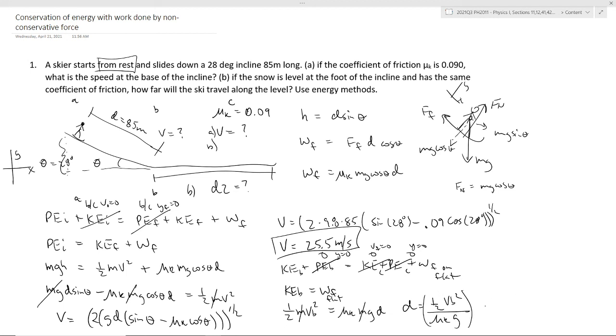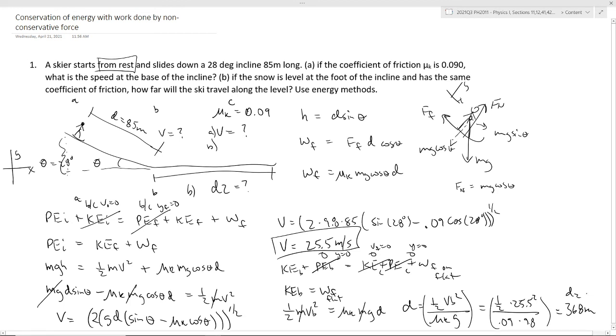That's our expression for d. We can put our numbers in. 1/2 times 25.5 squared over 0.09 times 9.8, and we would find that this distance would be 368 meters.